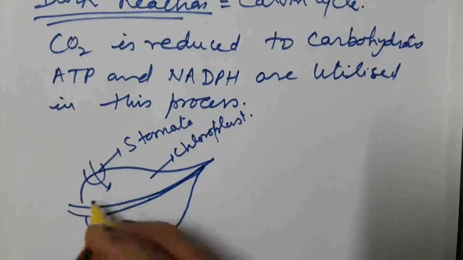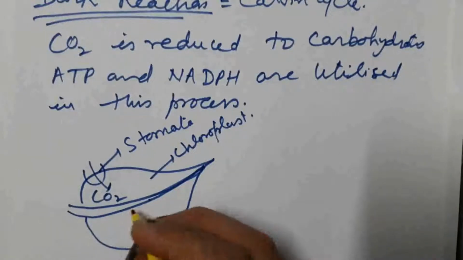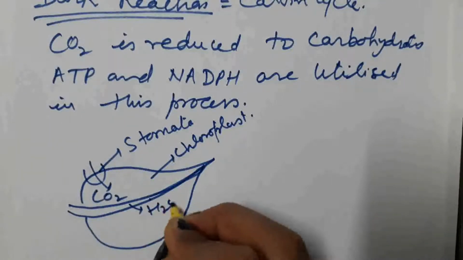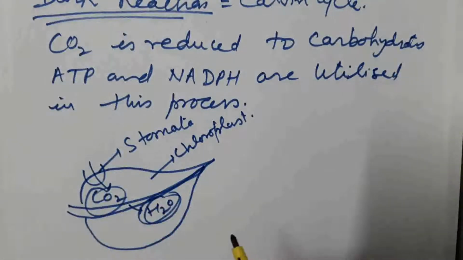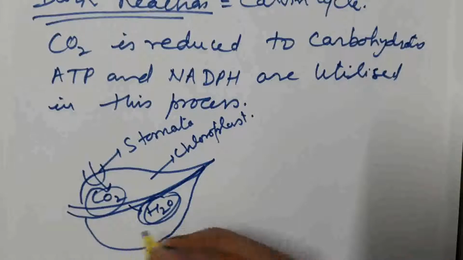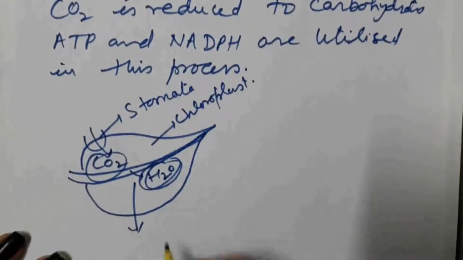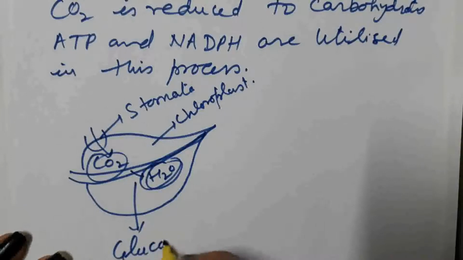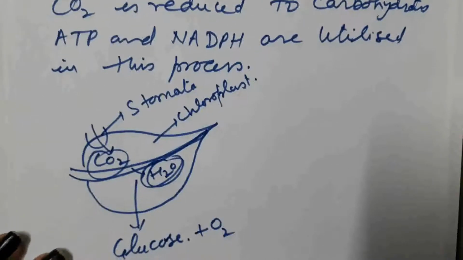Carbon dioxide enters inside the leaf. Water is present inside the leaf. With the help of this CO2 and water, glucose is produced. And in this process, oxygen is also released out.